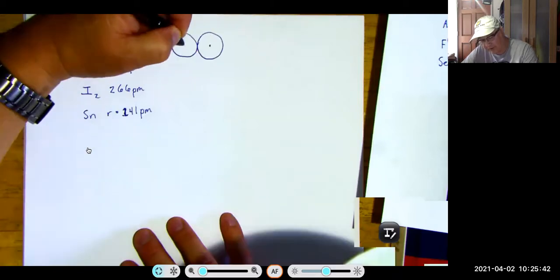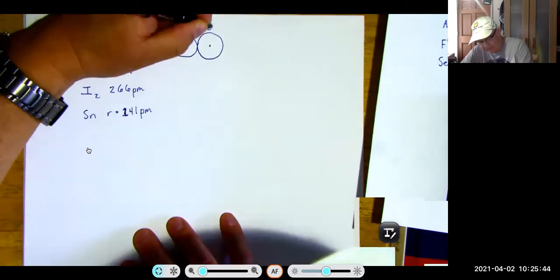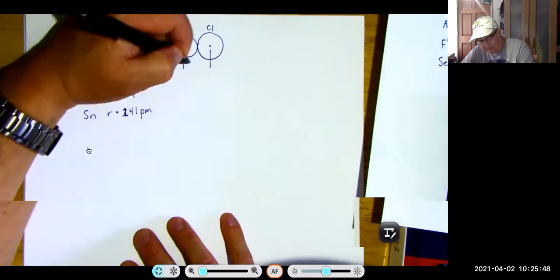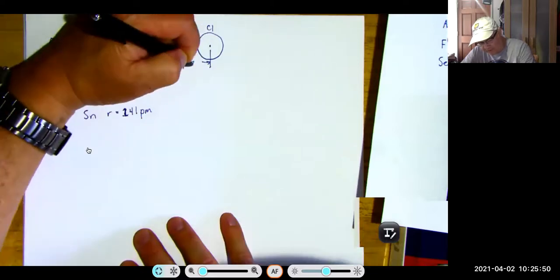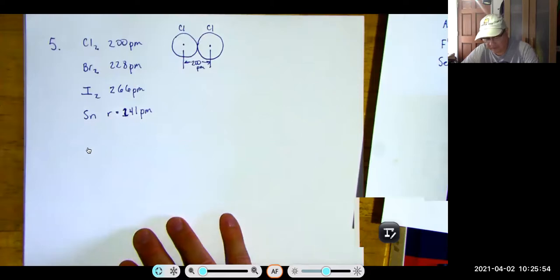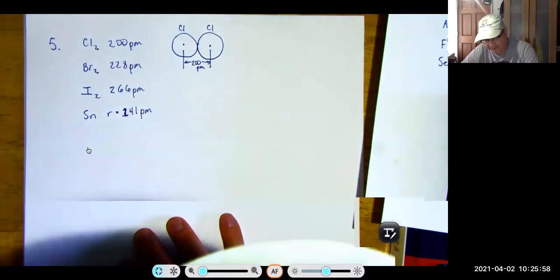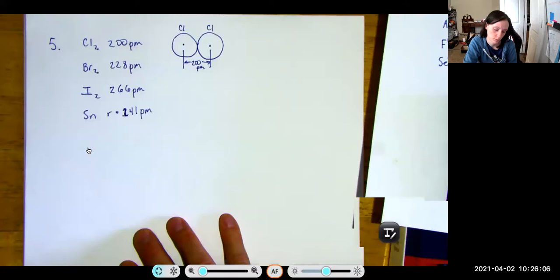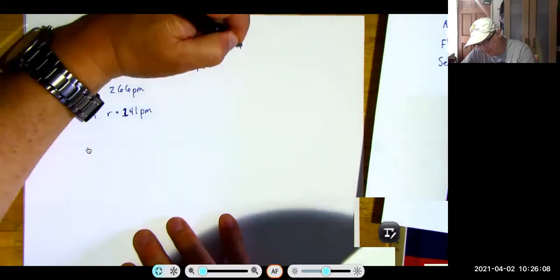So this is a chlorine and this is a chlorine. This is 200 picometers. Okay. So based on this, what is the radius? Half of that? Right. The radius would be 100 picometers.